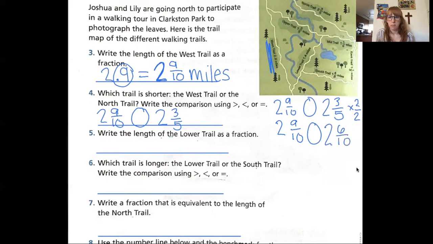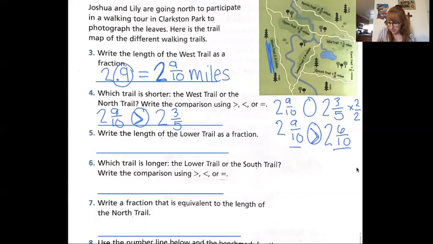Now I can more easily compare these two fractions. So 2 is the same, so I need to move into my fraction, and when the denominator is the same, I compare the numerator. 9 is larger than 6, so 2 9/10 is greater than 2 6/10, or 2 9/10 is greater than 2 3/5.